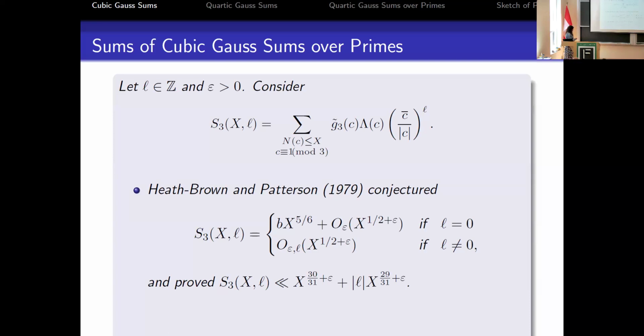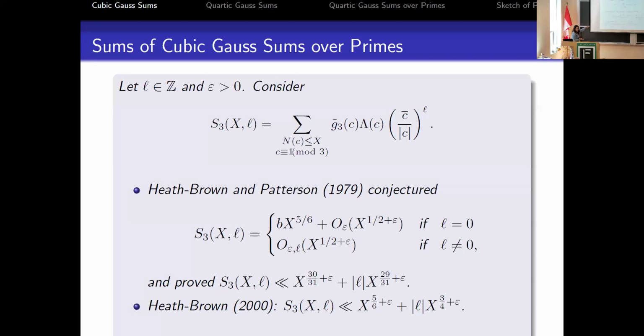Heath-Brown then, in 2000, refined upon this asymptotic, and he showed that the sum of cubic Gauss sums over prime arguments is indeed less than x to the 5 over 6 plus epsilon. So he was an epsilon away from that conjectured asymptotic of Heath-Brown and Patterson.